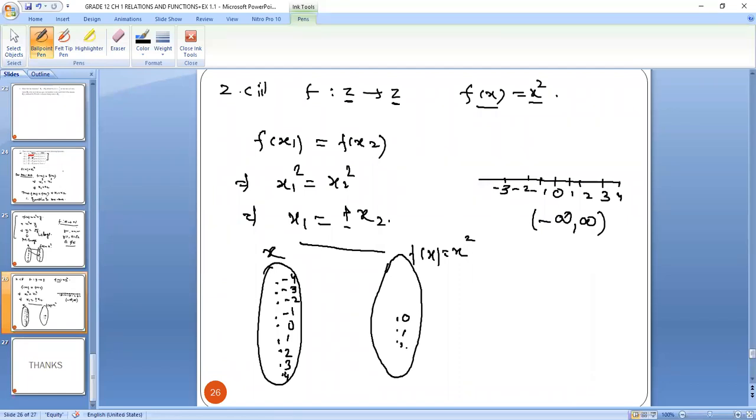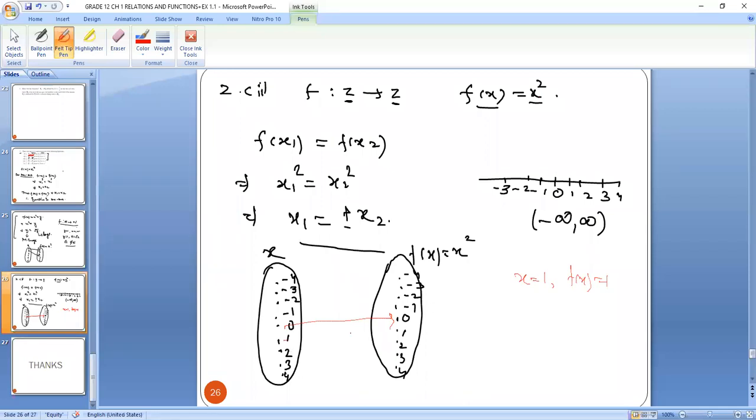Now, if f of x is equal to x square, put x equal to 0, 0 will be mapped to 0. x equal to 1, f of x is equal to 1.